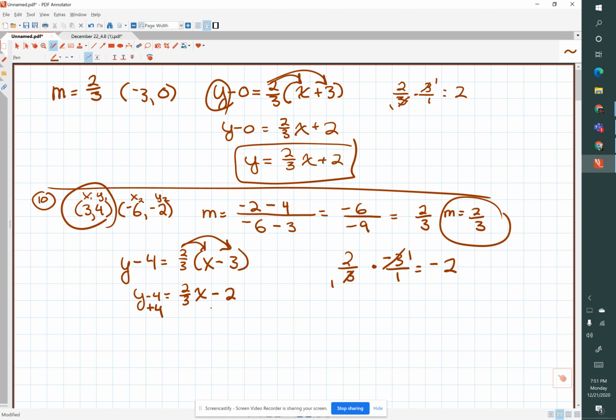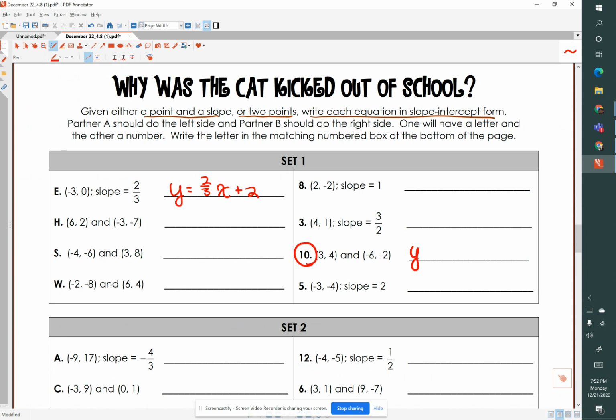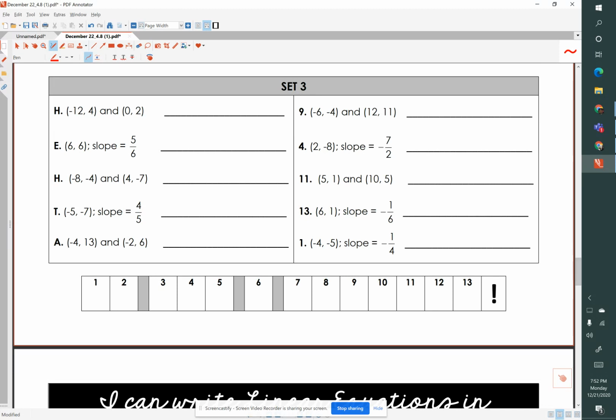Now we add 4 to each side, which will give us y equals 2/3 x plus 2. And that matches, well, let's write it down first. That matches our E. So E and 10 match. So we come down here to number 10, and number 10 is an E.